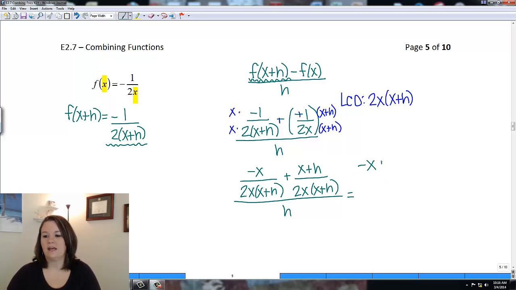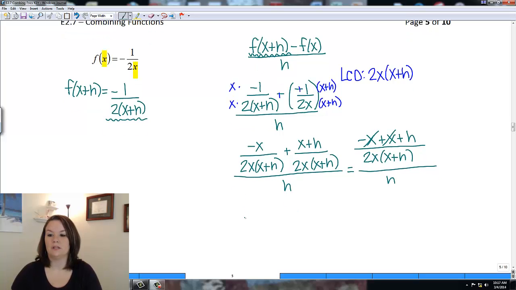So I get -x plus h all over 2x times x plus h all over h, which is good because notice my x's are opposites. So those go away, which leaves me with h over 2x times x plus h all over h. Okay.